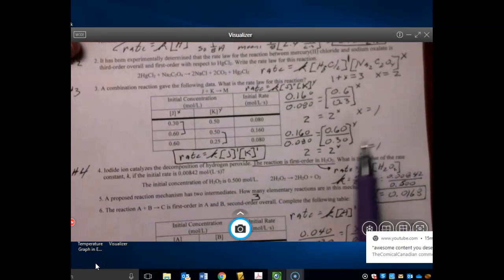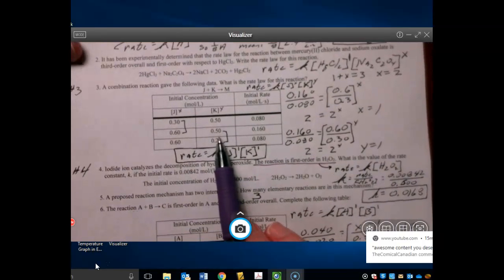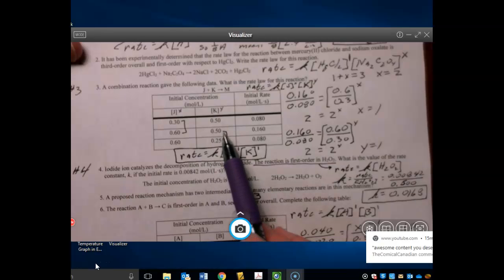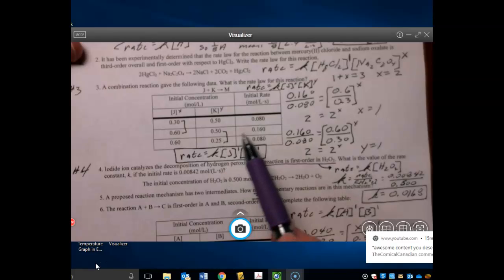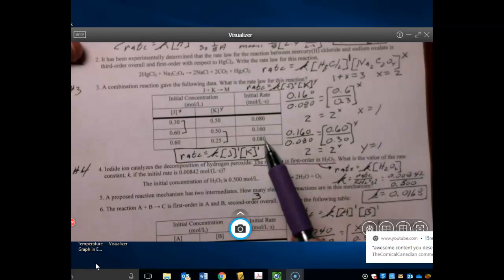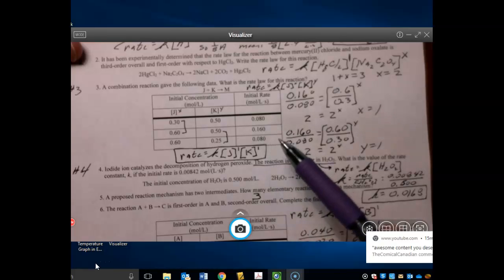And then for Y, I can also eyeball this. If the concentration of K was cut in half and the rate was also cut in half, I can tell without even doing any math that it must be a first order reaction. But let's go ahead and do the math.